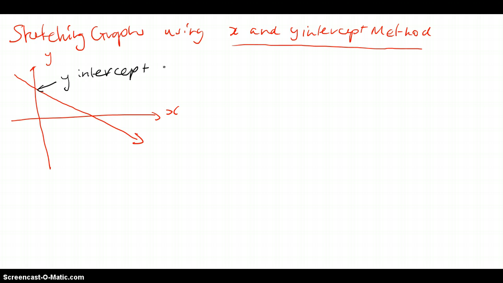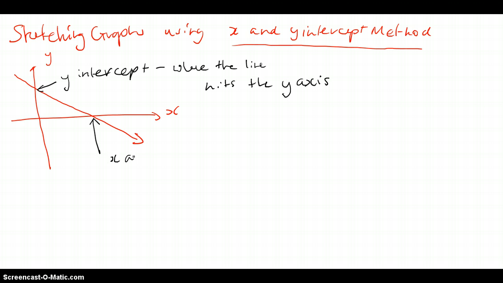So the y-intercept is defined as where the line hits the y-axis. Okay? Now the next thing we need to understand is, what is the x-intercept? At this point right here, this is where the line hits the x-axis.